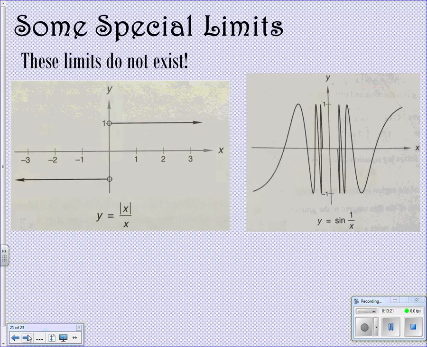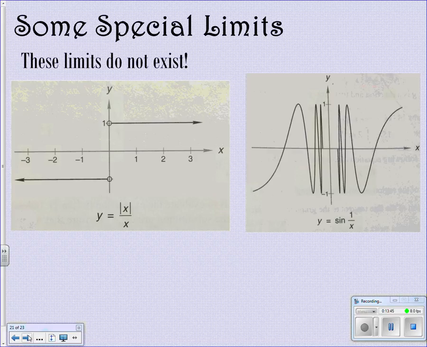You can graph this on your calculator, and you can zoom in and zoom in and zoom in, and it just keeps going back and forth, up and down from negative 1 to 1. It's actually a kind of cool graph to look at if you want to. You just need to make sure you put your calculator in radians whenever you go to graph it. But it's a pretty cool little graph if you zoom in really, really close.